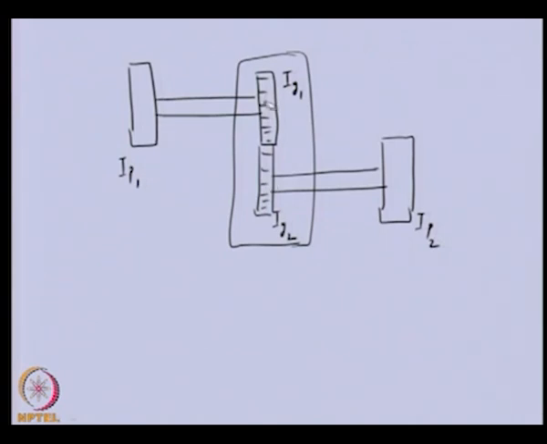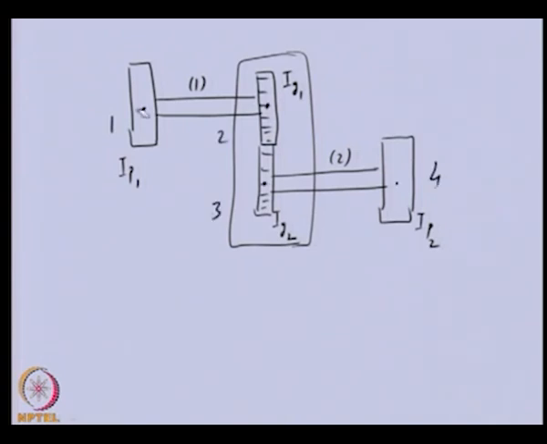When we discretize this system, let us say we take the upper shaft with the gear as element 1 and the second shaft with the gear and flywheel as element 2, with node 1, node 2, node 3, node 4.